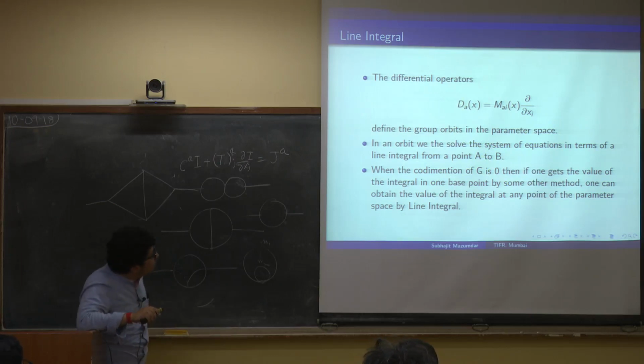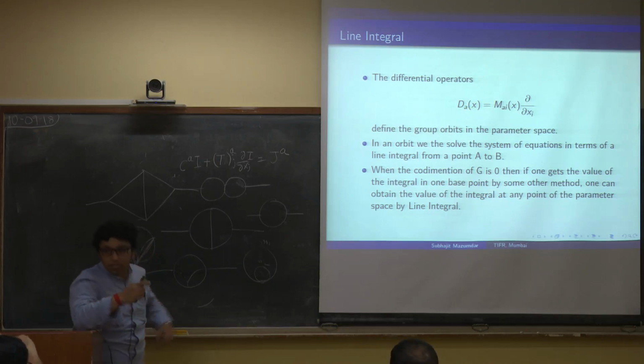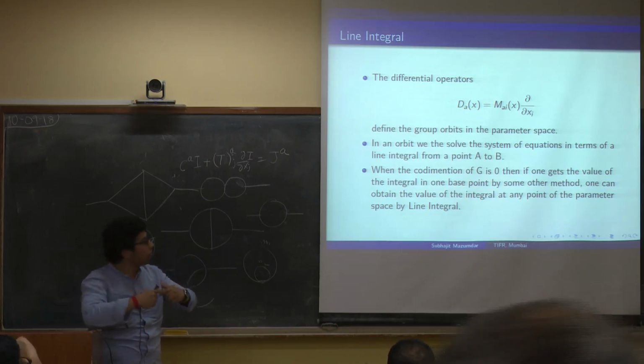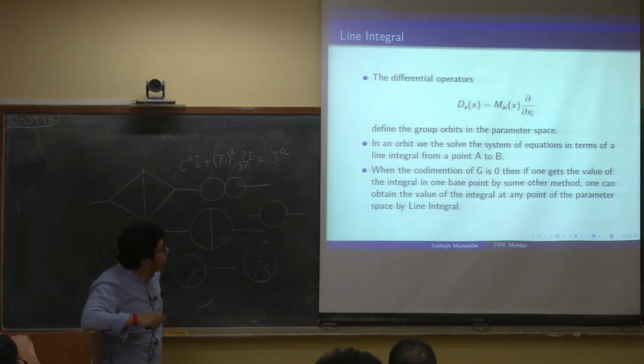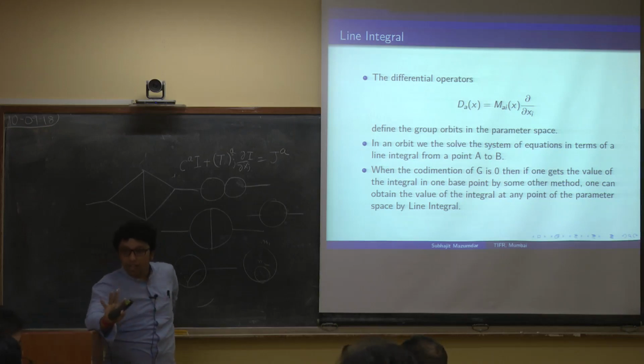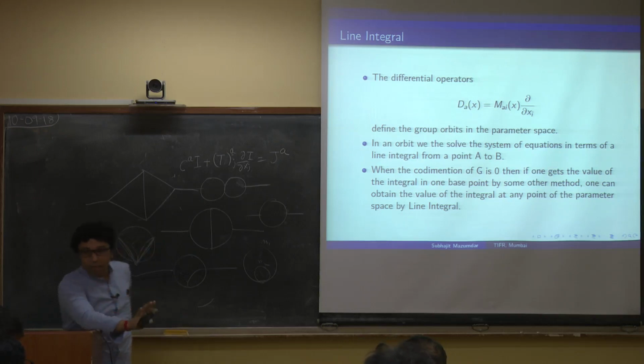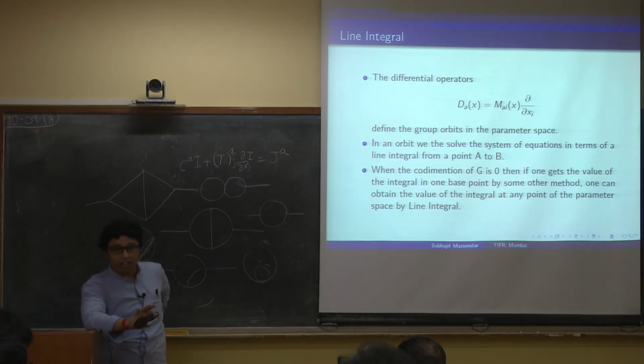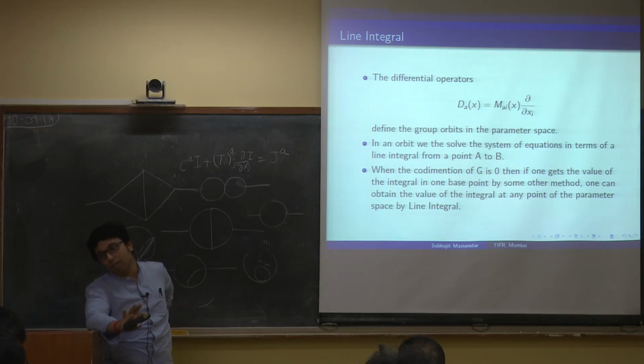If you take the commutators of this differential operator, this gives rise to a group actually. Because it's a first order differential equation, the solution is a line integral, and in some cases the line integral is not even there. It is only a linear combination of simpler diagrams in a particular locus in the parameter space.